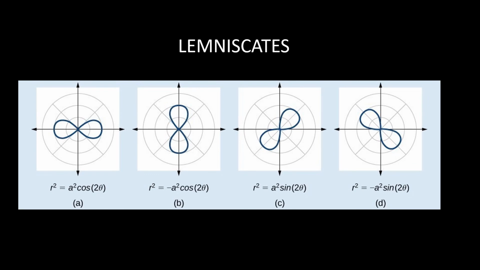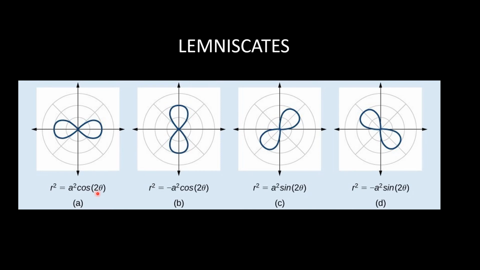Next are the lemniscates. So we have here 4 different lemniscates. The first one is r squared equal to a squared cosine 2 theta. Observe that the graph appears only from negative 45 degrees up to positive 45 and 135 up to 225. Since it involves r squared, then the right side must be positive.